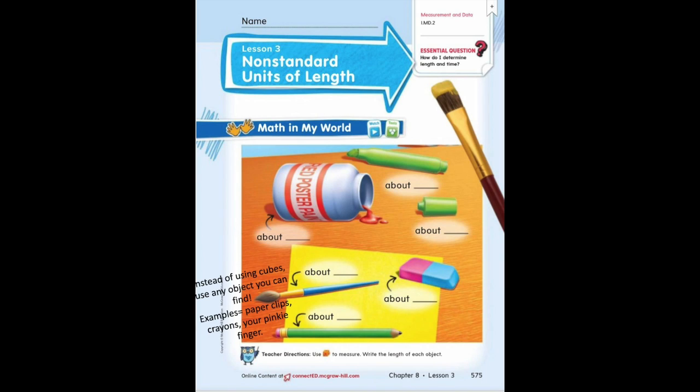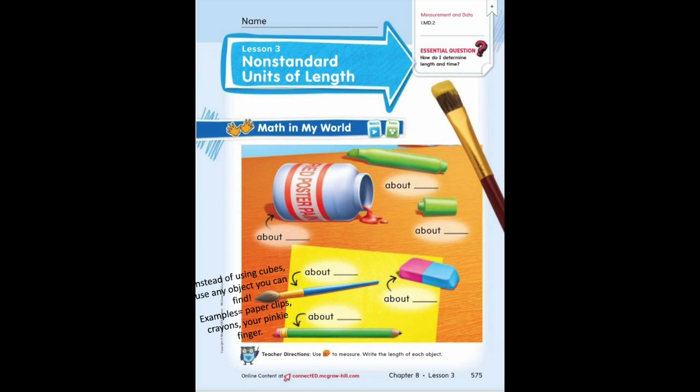Normally when we measure, we use rulers or yardsticks or tape measures to help us determine how long an object is. But today we are going to be talking about using non-standard units of length, so things that not everybody would normally use to measure.